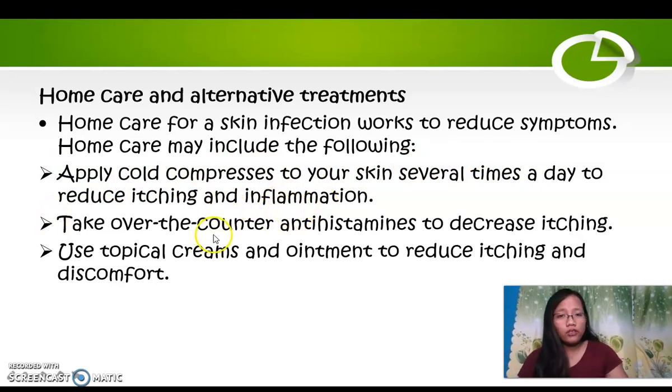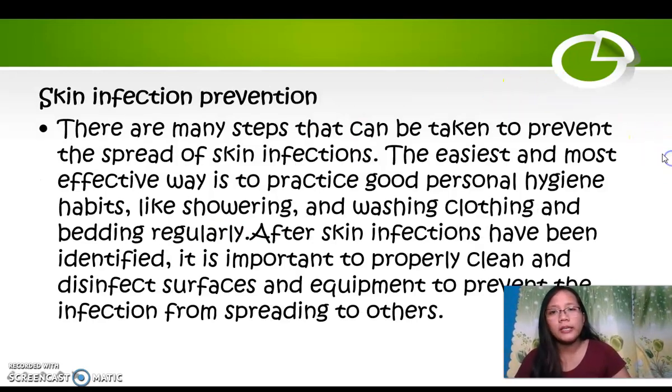Second, take over-the-counter antihistamines to decrease itching. Use topical creams and ointment to reduce itching and discomfort.